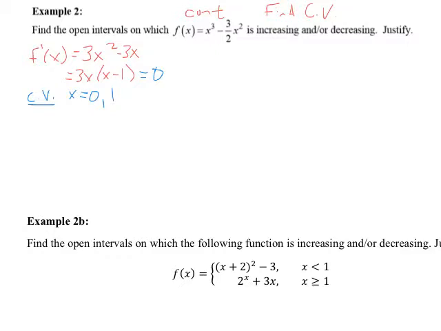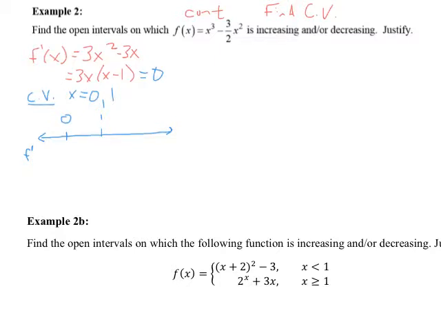From here, we're going to set up a number line to help us determine the behavior of the graph. And we're going to label all discontinuities and critical values on that number line. So in this case, we just have two critical values, 0 and 1. And what we want to do is test the sign of f prime.